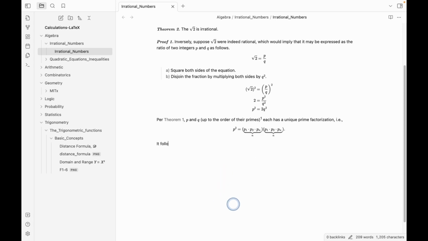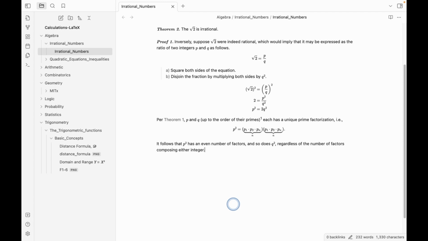It follows that p squared has an even number of prime factors, and so does q squared, regardless of the number of factors composing either integer. And once again, how do we know this? Well, we know this because in squaring p, we are simply doubling the amount of factors, of which there are n to begin with.